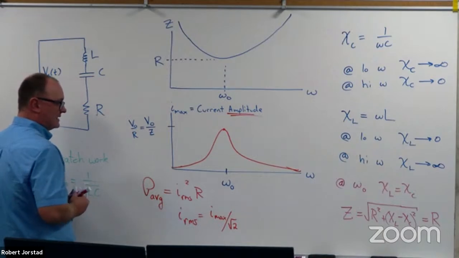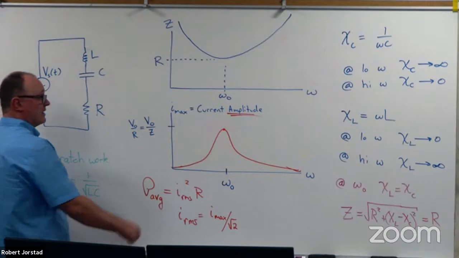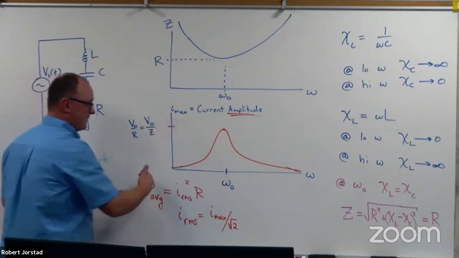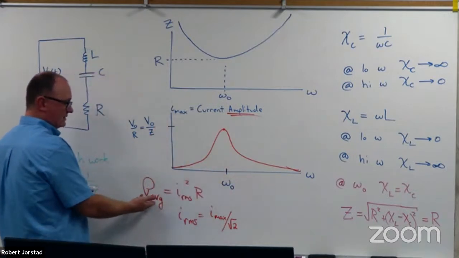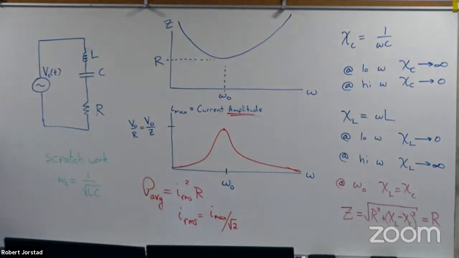So, right, the idea is this is a little bit like the plot of the power. If we know the current amplitude as a function of omega, in theory, we could figure out the average power and the brightness of the bulb as a function of omega.